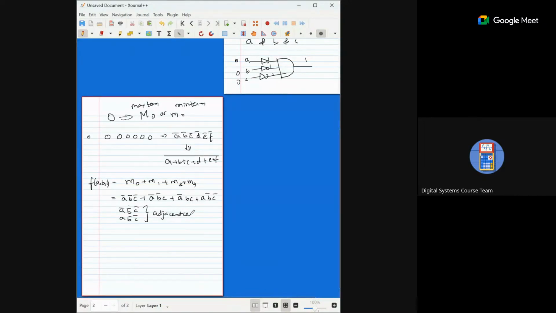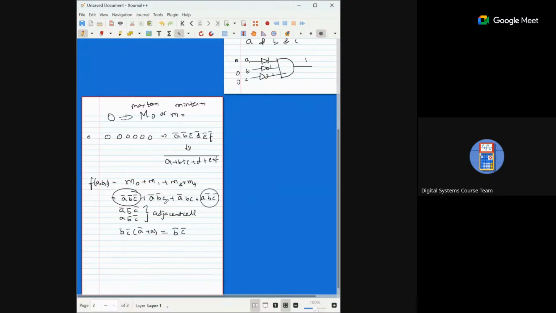If they are adjacent cells, there is a chance for reduction of the number of bits. So this term is equal to B bar C bar times (A bar plus A), which is equal to B bar C bar from these two terms. Am I right? Yes, sir.